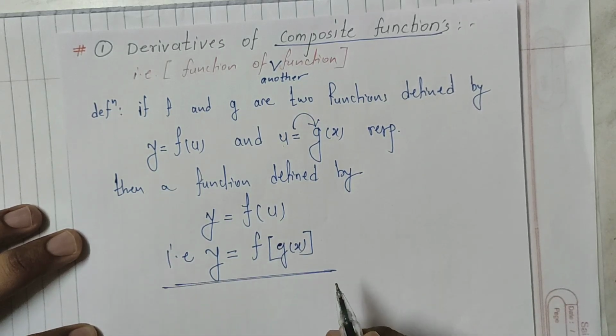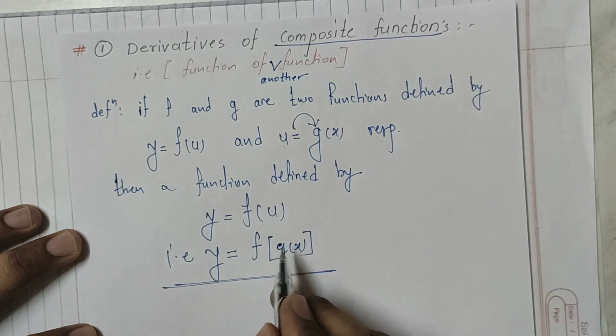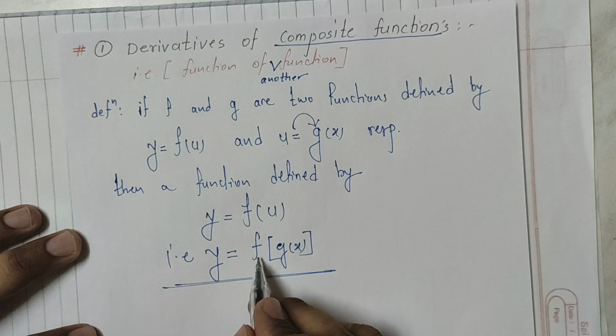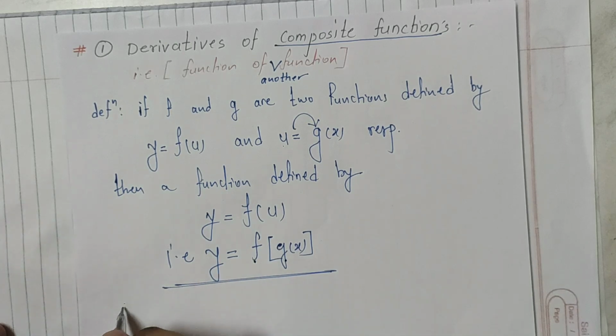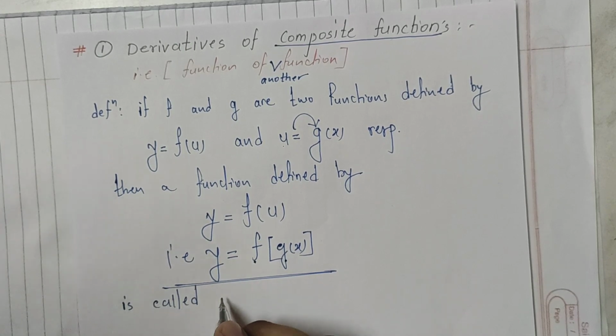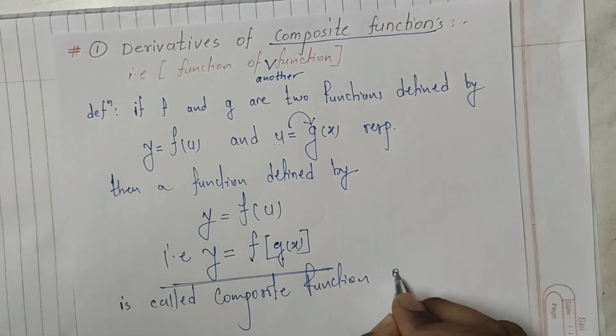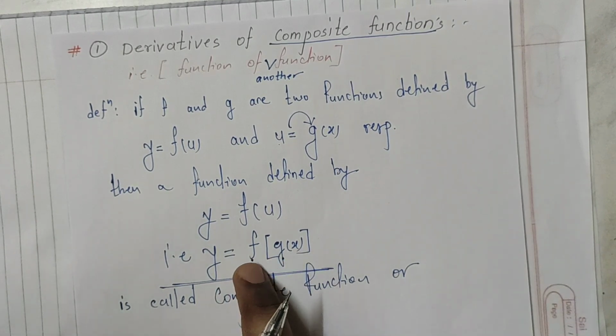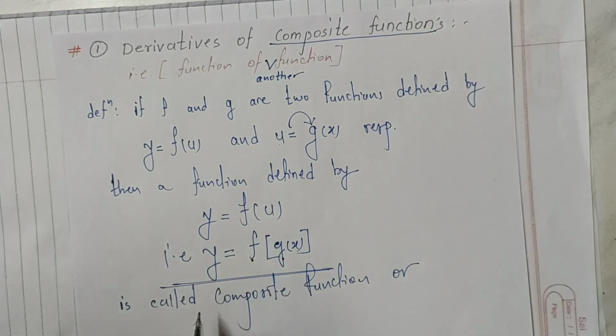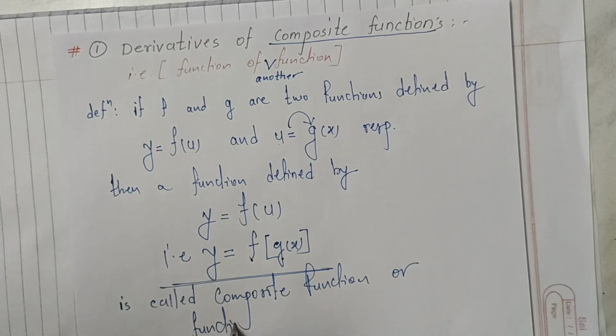Now we see that y is equal to f of g of x. So here there is more than one function, first function is f, then second function is g, that is f of g of x. Such a function is called a composite function, or function of function, means first function is f, then second function is g, therefore it is also called function of function.